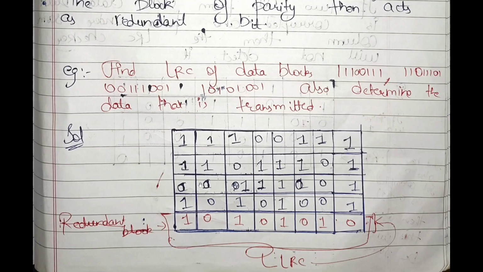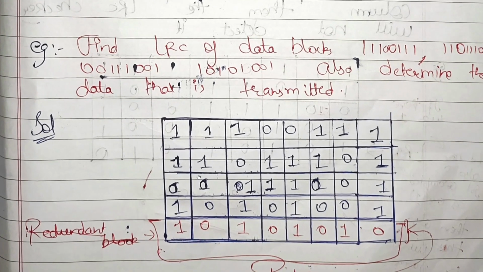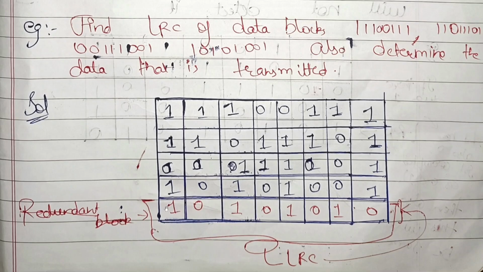Now we are going to check it. We are going to find the number of ones, doing the same thing that was done in VRC. However, what we did is, we took all the blocks and placed them vertically. We place the first block on the top, then the second block beneath it, and so on.